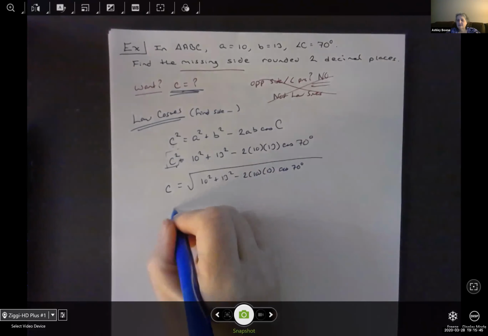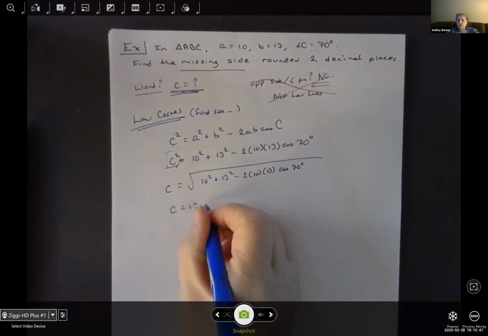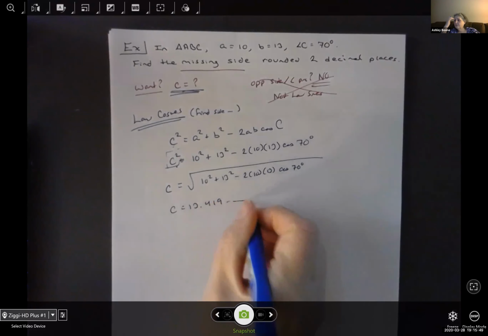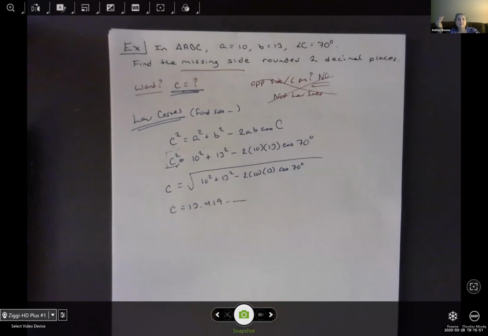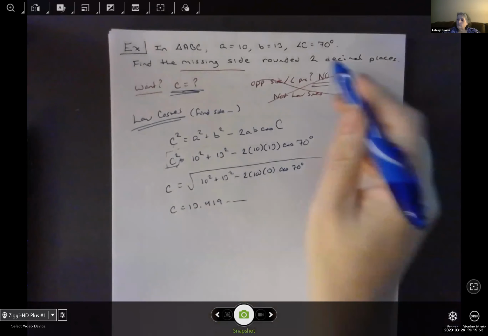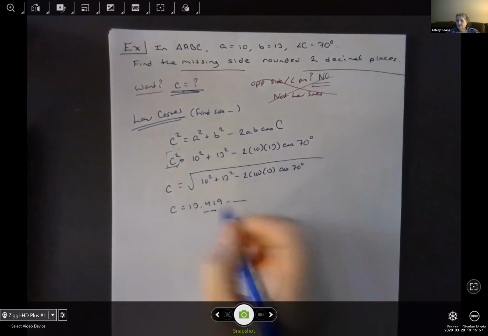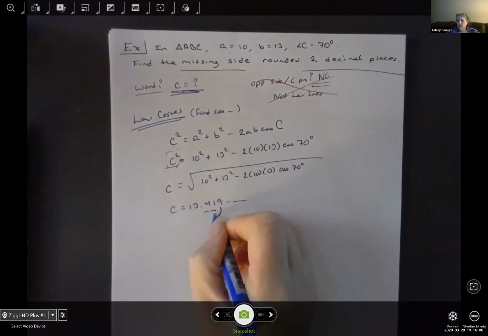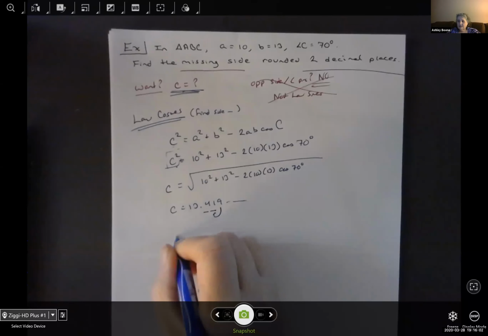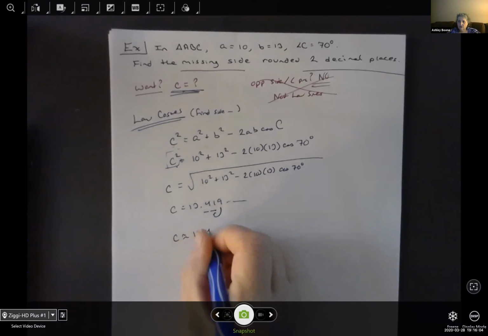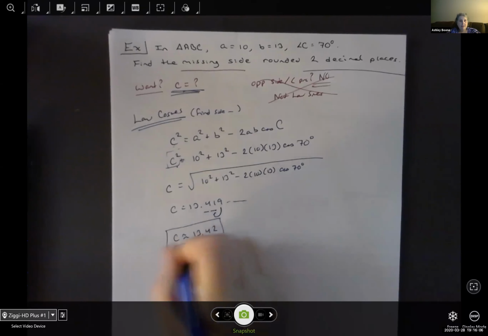And so C is equal to 13.419, and so on. The problem said round to 2 decimal places. My next digit is a 5 or larger, so I'm going to round up. So C is approximately 13.42.